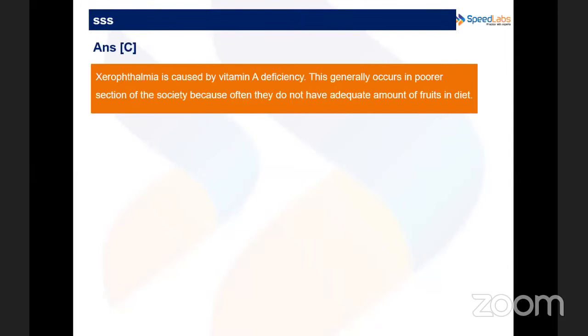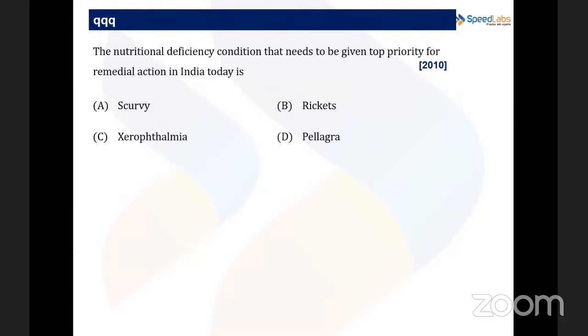It is caused by vitamin A deficiency, and it occurs in poorer sections of the society because they do not have an adequate amount of fruits in the diet that are needed for vitamin A. So hence vitamin A deficiency occurs. That's why the answer is option C, xerophthalmia, that is caused by the deficiency of vitamin A.